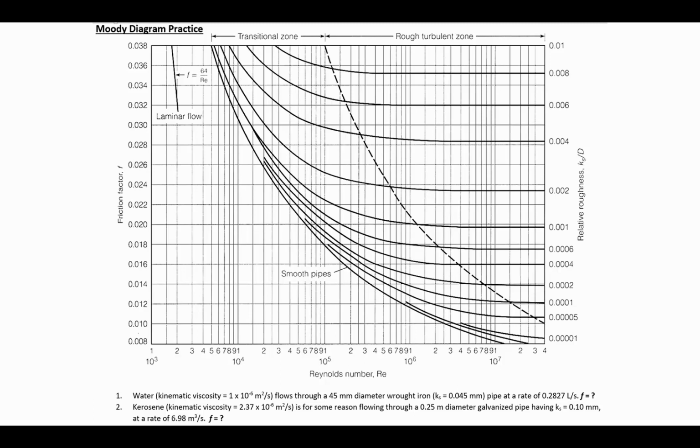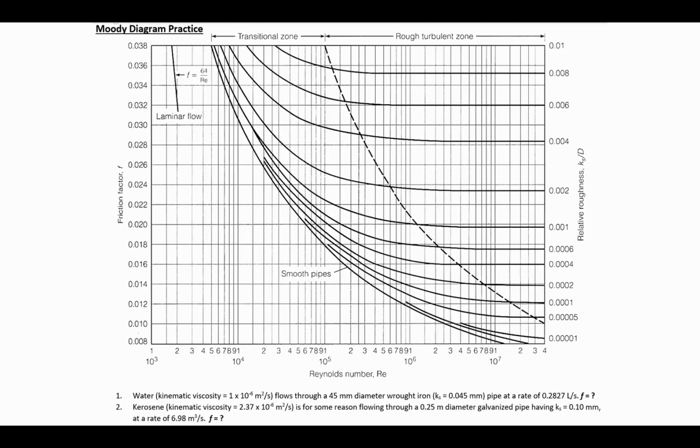Now remember, for the Moody diagram, what we start off with is the relative roughness on the right vertical axis. We want to find the point of intersection of the relative roughness curve with the Reynolds number that applies. And so here, where it's talking about our flow rate in terms of liters per second, you're going to need to convert that flow rate into a flow velocity.